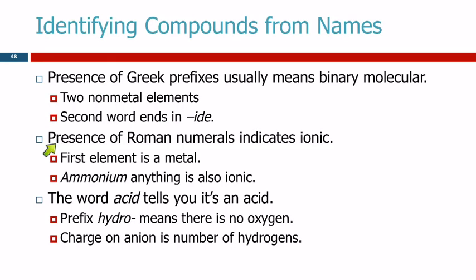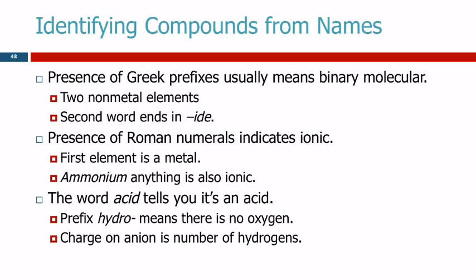If you see Roman numerals, it's an ionic compound. The first element will be a metal, or it's got ammonium in it. If it starts with ammonium, ammonium phosphate, ammonium hydroxide, ammonium anything is ionic. If the name has the word acid in it, that's the easiest one of all. It's an acid.